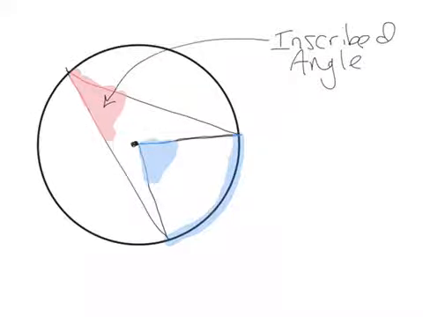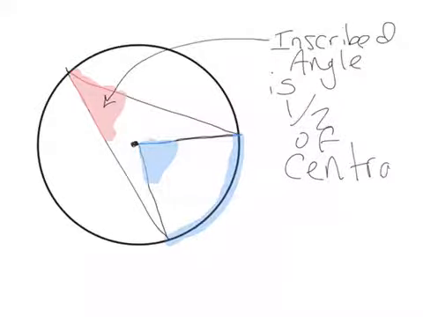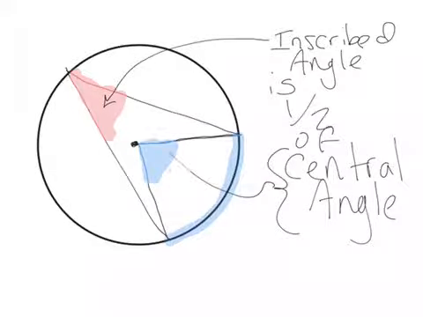And the inscribed angle is half of the central angle, which is the central angle is that guy. Okay, and so that is going to help us solve a couple of problems on IXL.